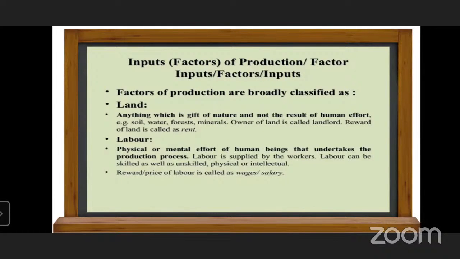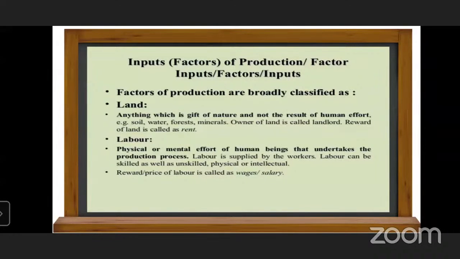Fine. So when it comes to land, it is a free gift of nature. It is indestructible. No two pieces of land are similar. And land is productive only with the efforts of labor. All these are properties of land. Then comes labor. Labor is any physical or mental contribution of a human being taken for monetary purpose or any other purpose other than pleasure.